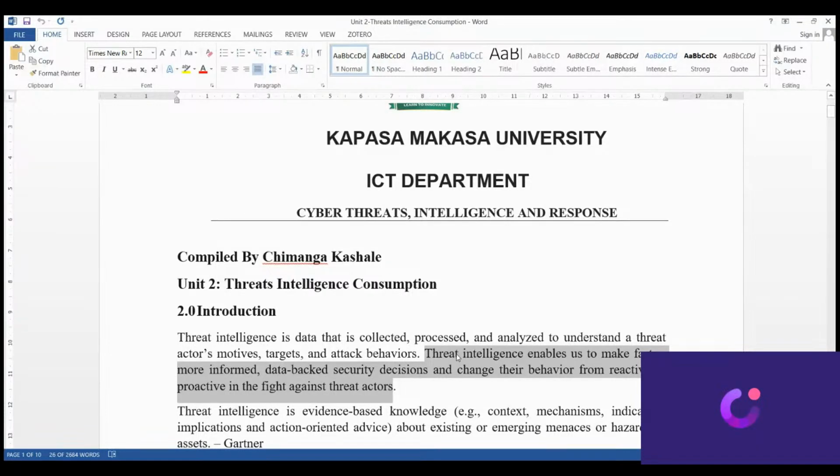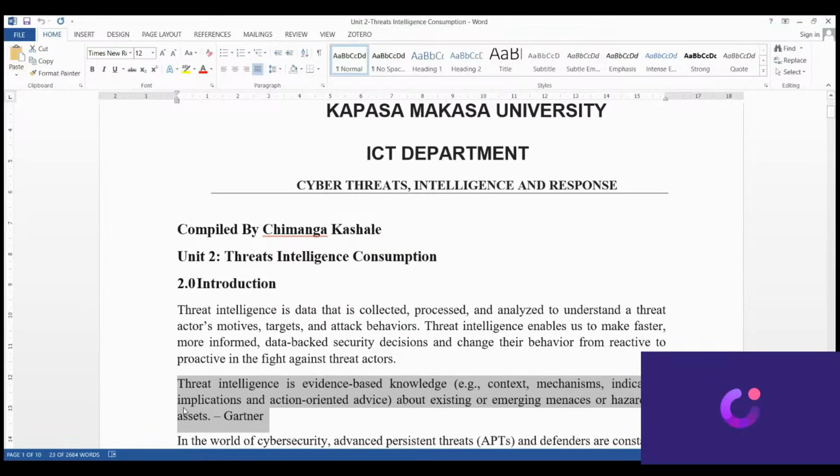Hello, are we together? Thank you. Threat intelligence is basically evidence-based knowledge about existing or emerging menaces or hazards to assets, according to Gartner. So why are we saying this is evidence-based knowledge? Who can tell us why?